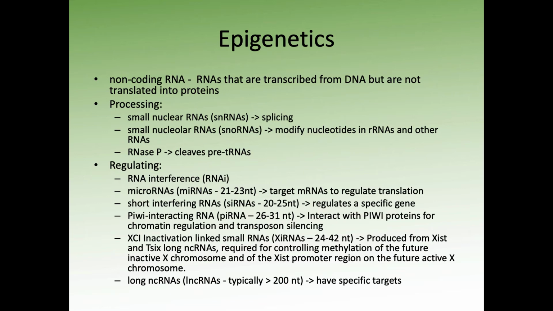All of these different RNAs, even long non-coding RNAs, are mostly defined by either what they target or their size class. Many of these are very small, 20 to 30-something nucleotides long. What they do is target specific mRNA targets and bind to those targets, and then interfere with their ability to be translated into protein sequences.